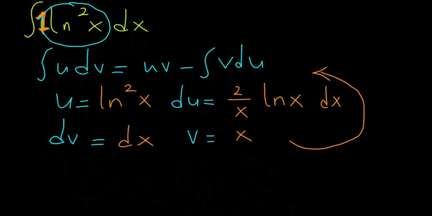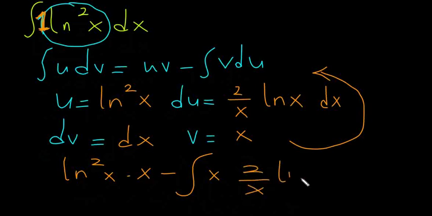The value of u we found to be ln squared x, and the value of v is x, so we multiply by x, and then minus the integral of v, which is x, du. And du in this case is 2 all over x ln x dx.